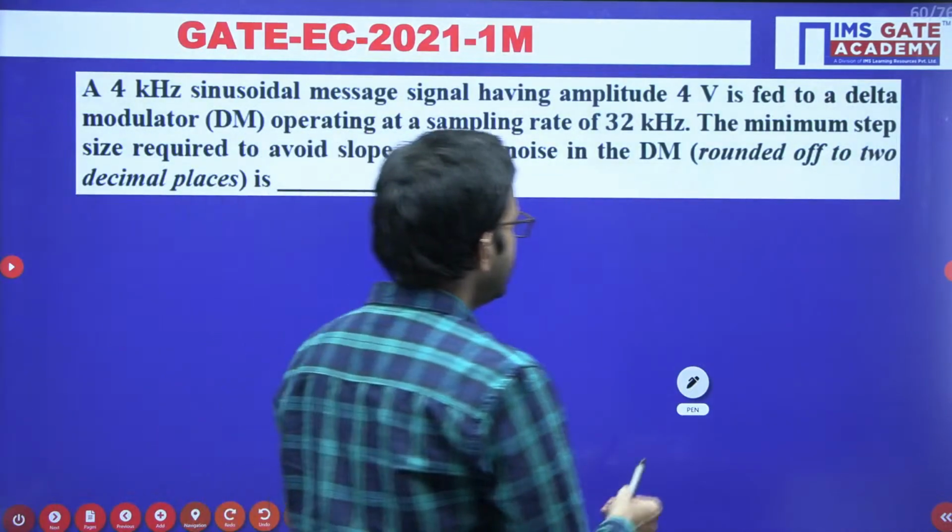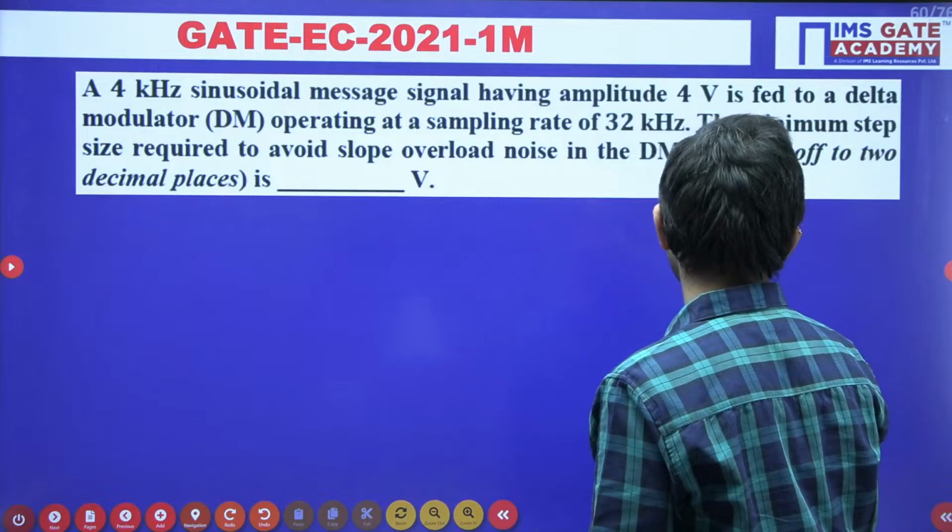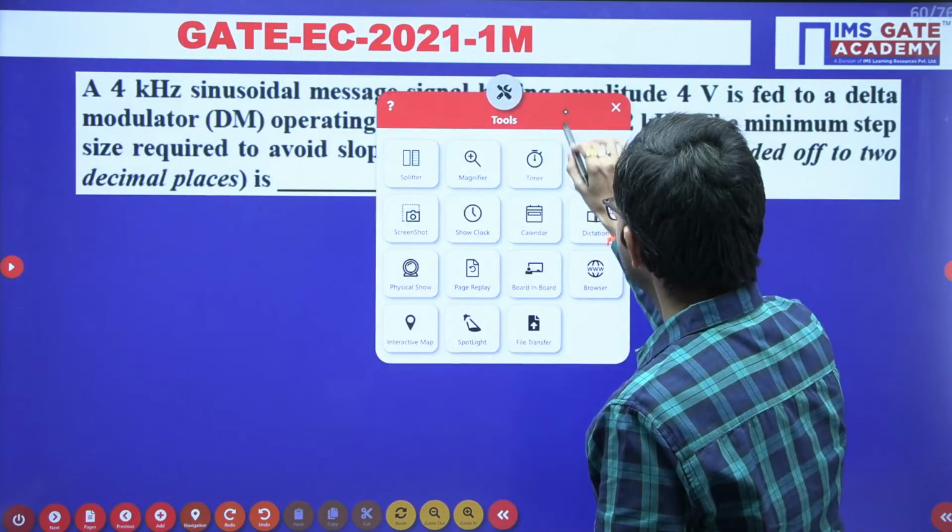So all of you give it a try. This is a very interesting question. I hope all of you can solve this question.